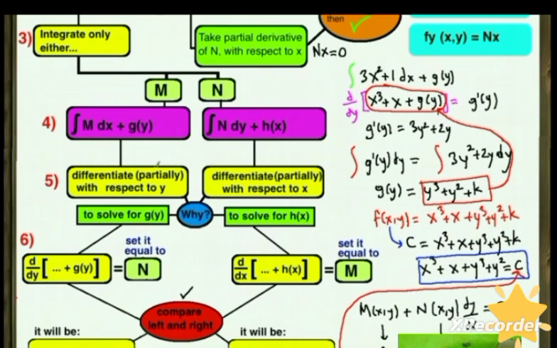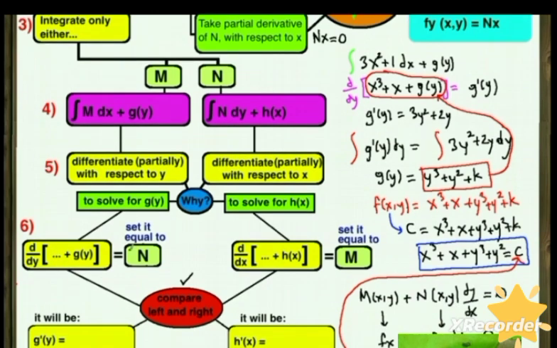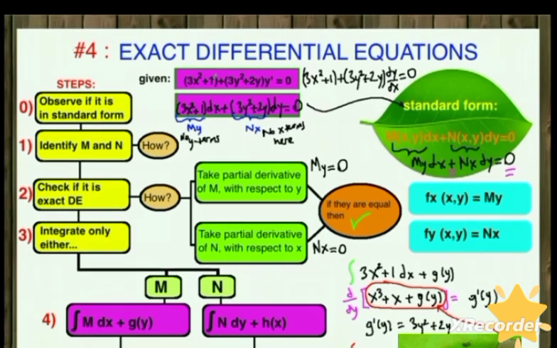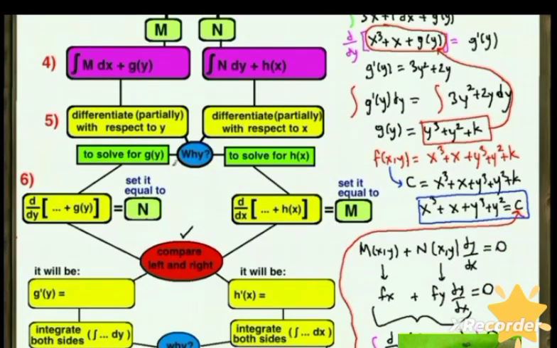Then you differentiate partially with respect to y to solve for g of y, or you differentiate partially with respect to x. And you set it equal to the other half of the original function. So if you integrate this part, you set it equal to this part of the function. If you go and integrate the N part, then you set it equal to the M part at this step.